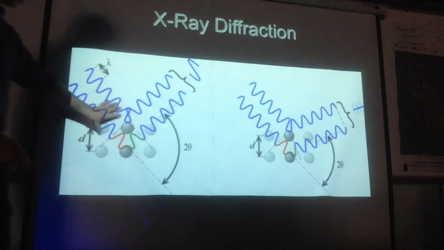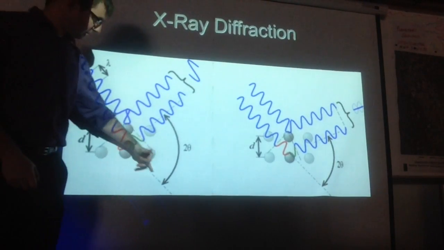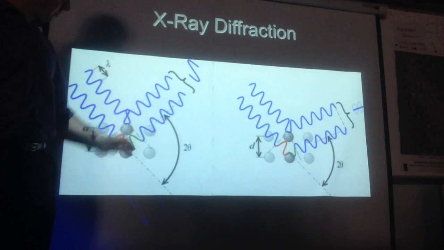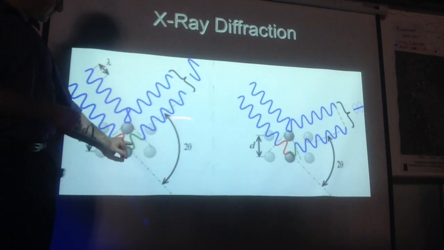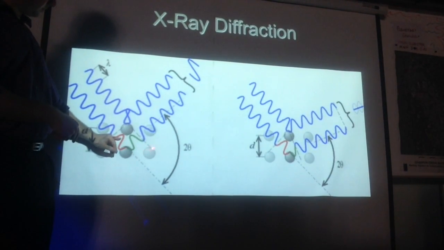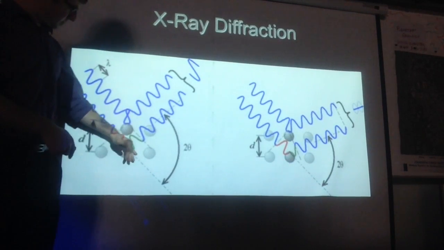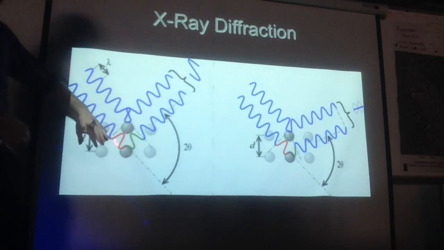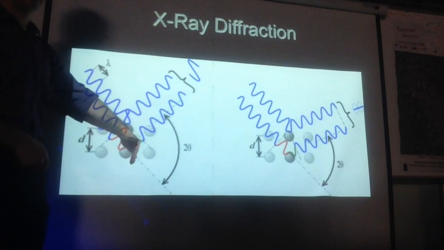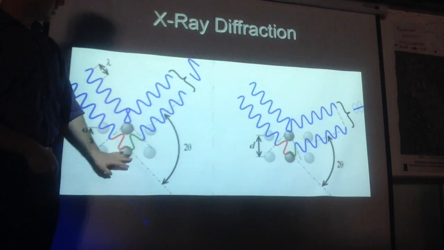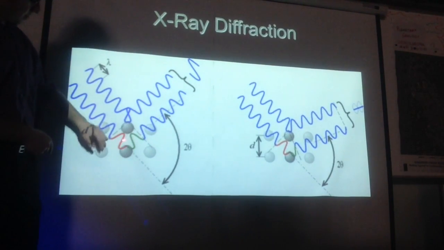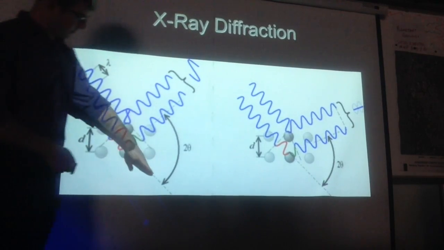The incoming rays are coming in and impacting your sample, or colliding with and being diffracted out of your sample, at a particular angle.